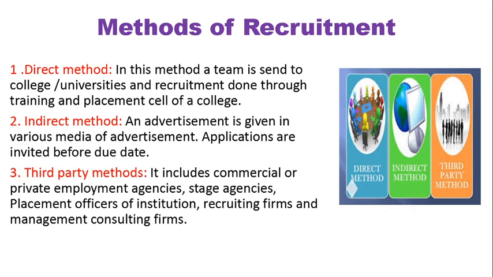So in the direct method, the campus selection term is applied. Students, while doing their study, can attend this campus interview and can be selected for a job. So this is the direct method of recruitment.